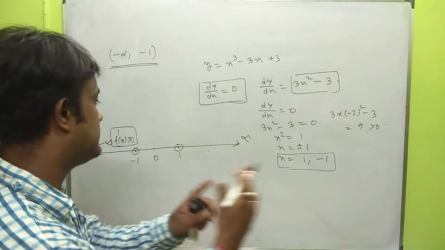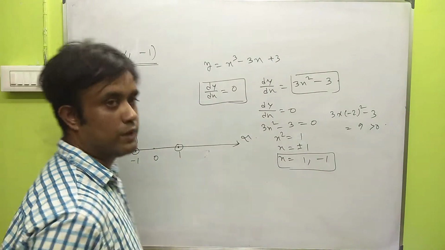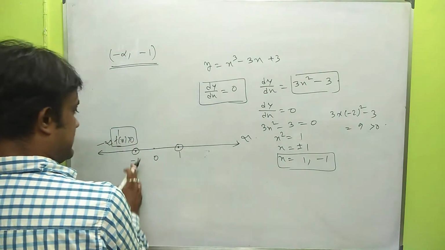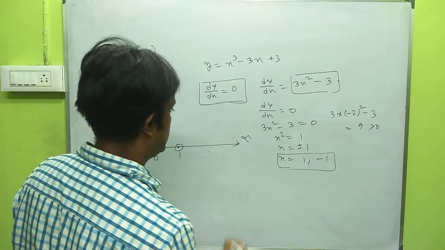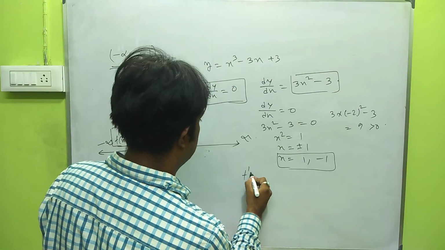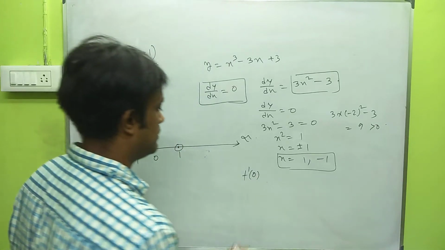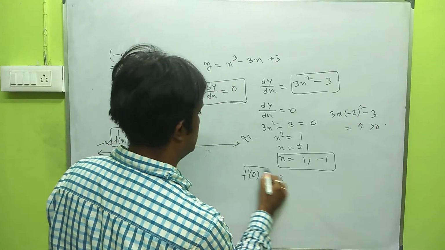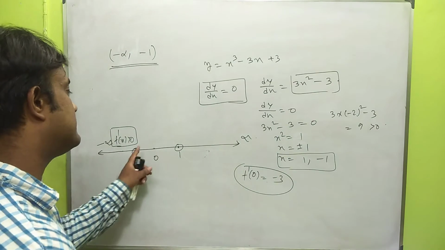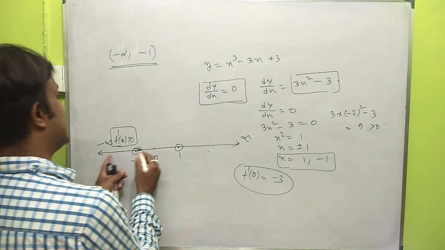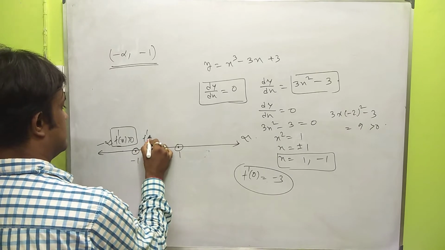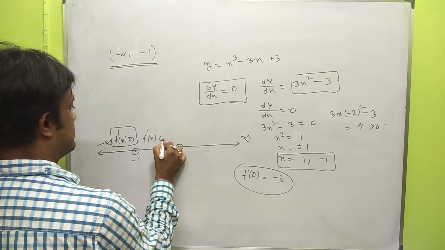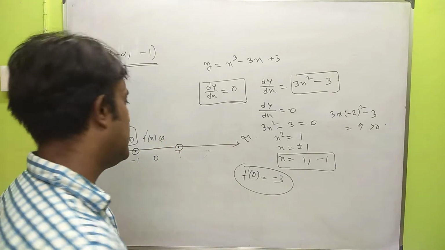And if we go towards the right side of minus 1, suppose at 0, f dash will be minus 3. So it is very obvious that on the right side of minus 1, the sign of f dash x is less than 0.